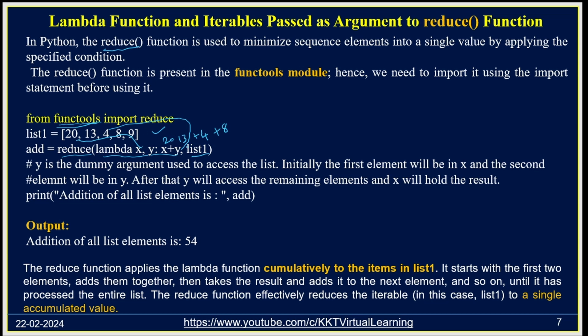Then 9 goes to y, so 9 is also added, and the result will be available in x, which will be returned by the reduce function and assigned to add. Now, if you print this add, you will have the sum of these values, that is 54. 20 plus 13 plus 4 plus 8 plus 9 is 54. So this reduce function reduces the list to a single element.